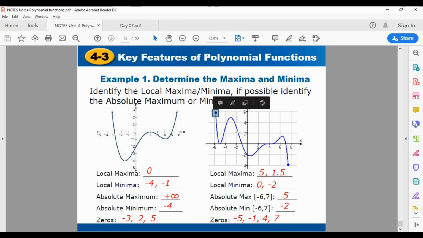There is a termination point here, and this turns out to be its maximum point at -6, and because these are bounded, so absolute maximum, okay, of all of these.